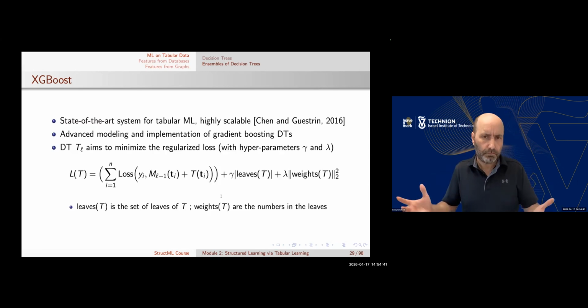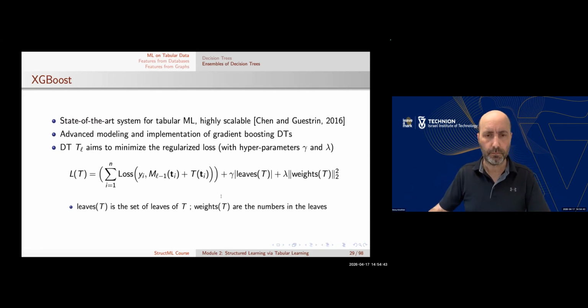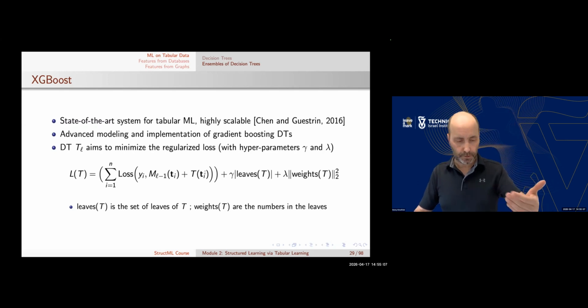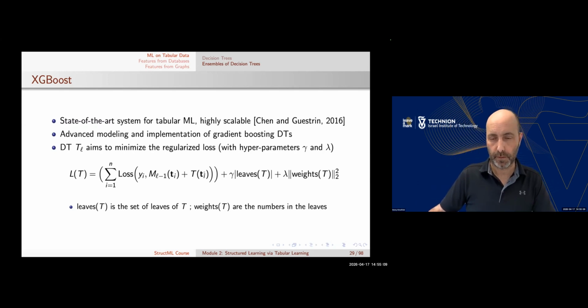The loss function is pretty straightforward. It's the sum of individual losses of the examples. Okay, loss with respect to yi, this is the label, and what it is that we want to obtain for the next tree, ml-1 ti plus t, the tree that we are trying to learn, plus some component that counts the number of leaves.